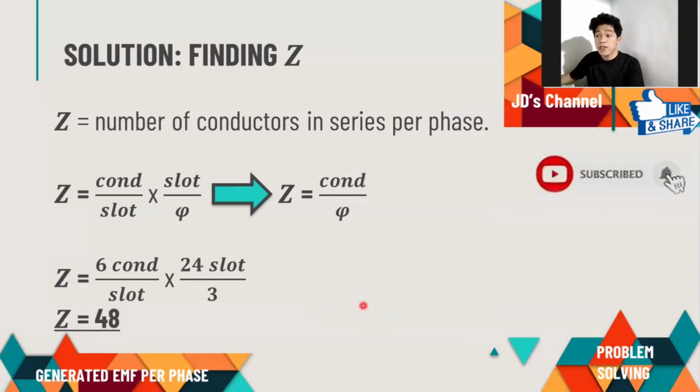So we can cancel the slot units here. What remains is 48, so 48 conductors per phase. That is the value of our Z, class.